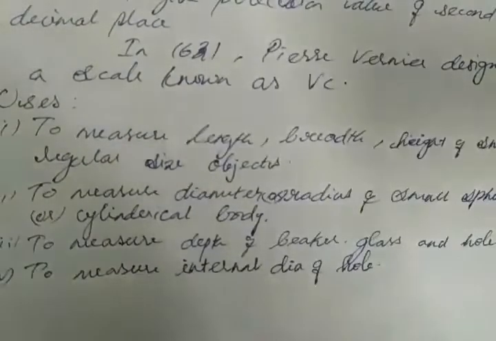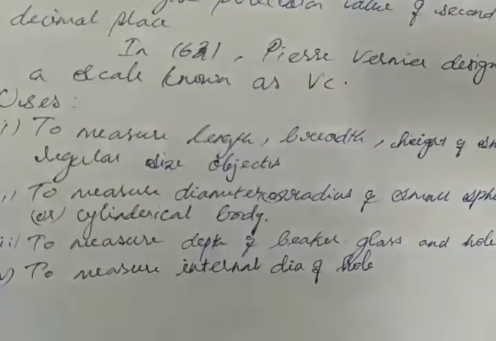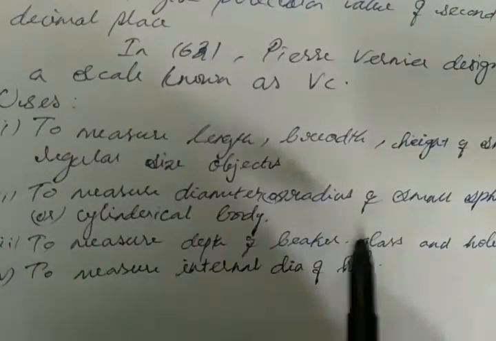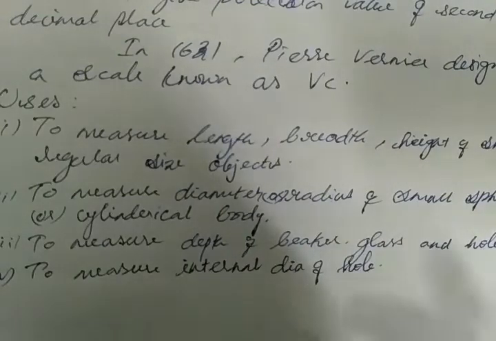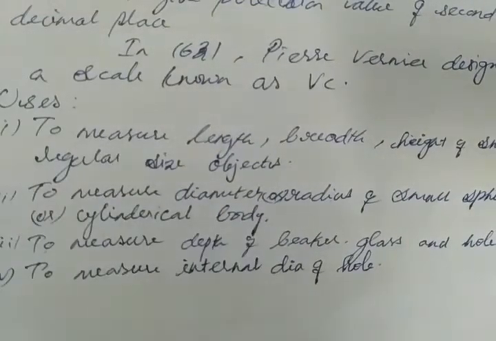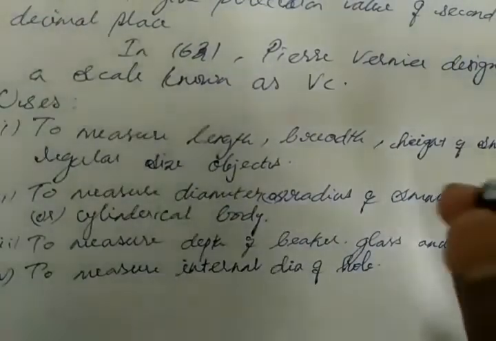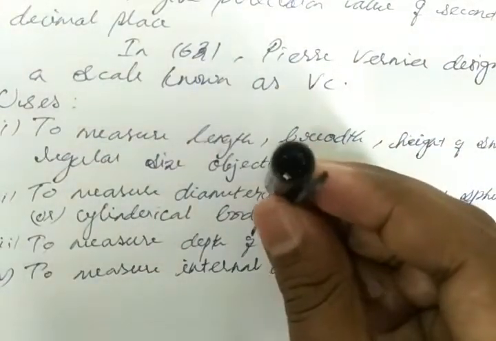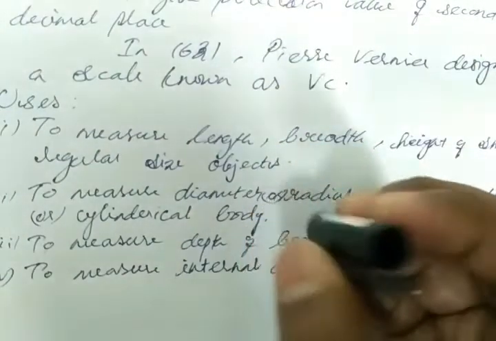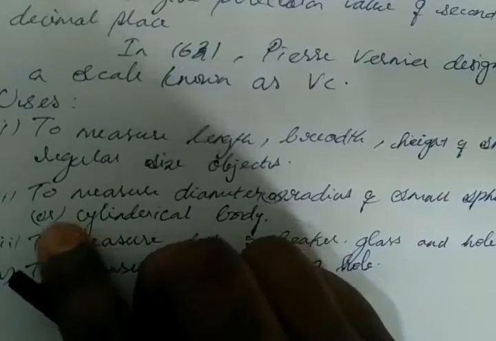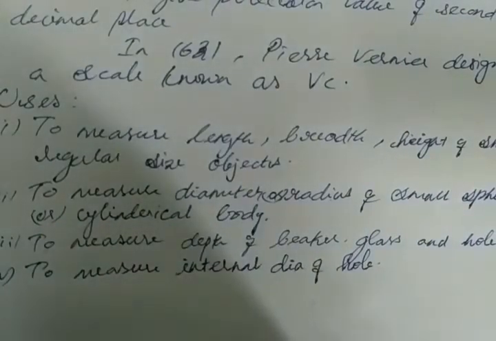Then, to measure the diameter or radius of a small spherical or cylindrical body. If you take this pen, it has some radius. To measure that radius, we use this vernier caliper.